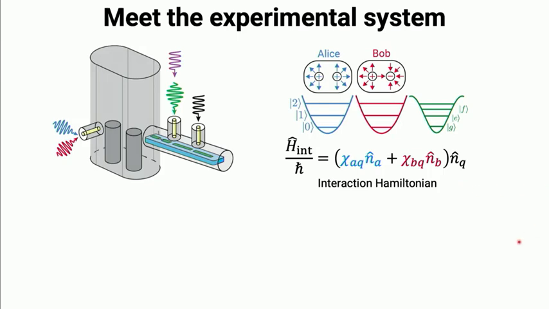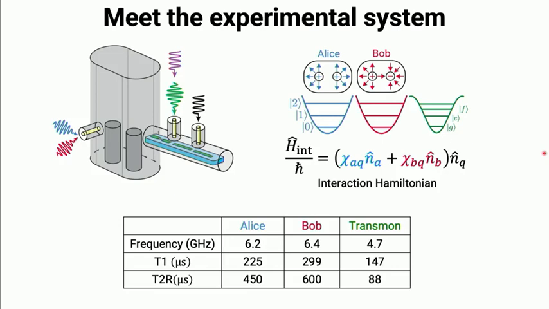Crucially, we'll be using this interaction Hamiltonian to not only do logical state prep, but also erasure detection and tomography. So it's very handy. And here are some numbers for you to glance at.